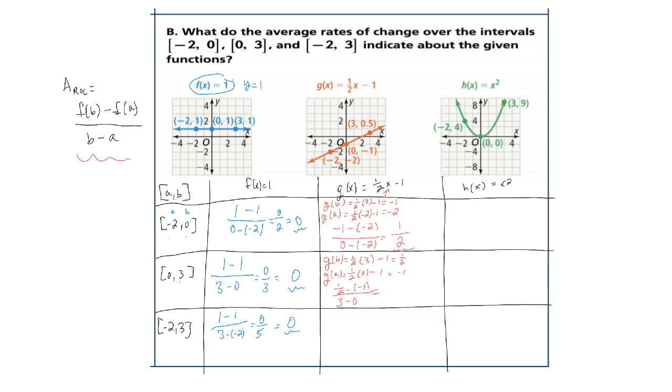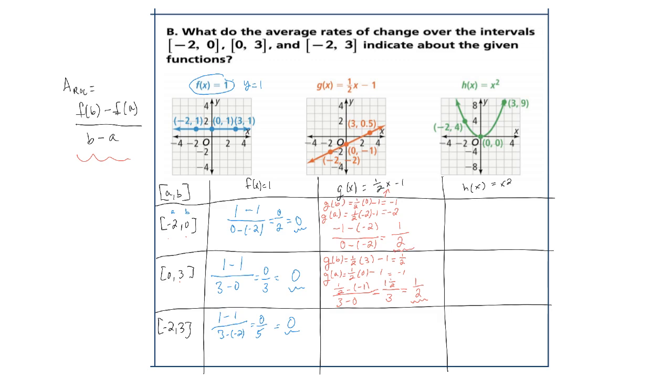So then we get 1 and 1/2 over 3. Right, and 1 and 1/2 over 3 reduces to 1/2. Or 1.5 over 3 is also 1/2.